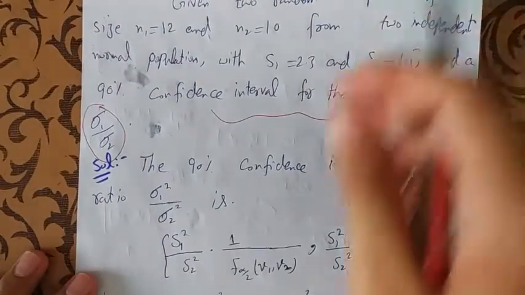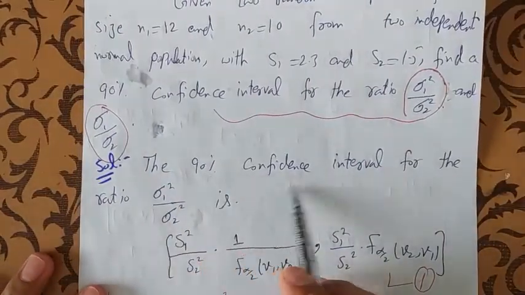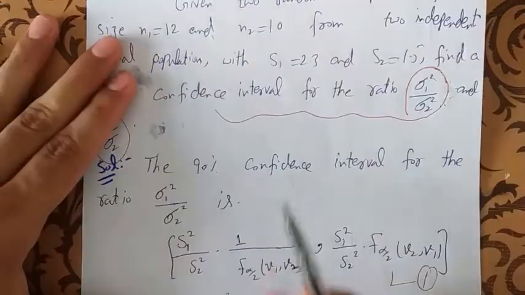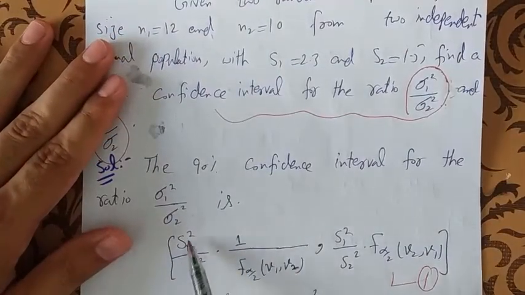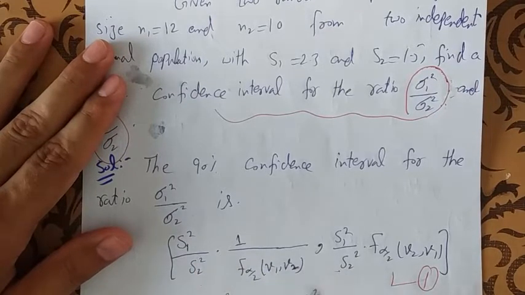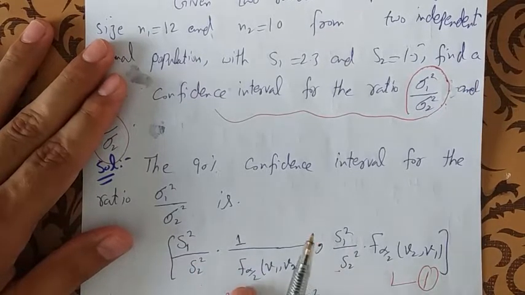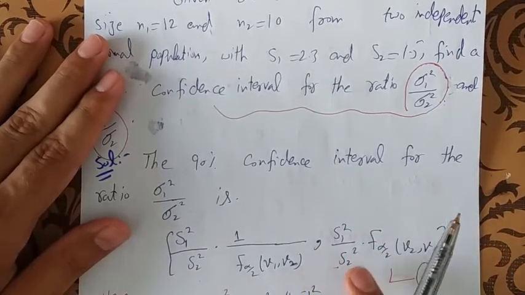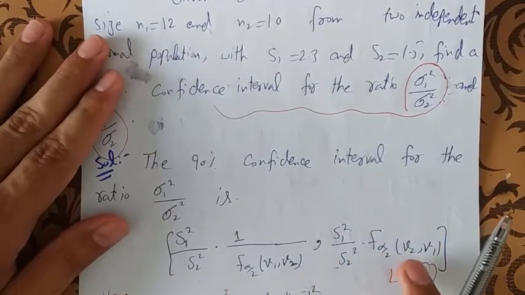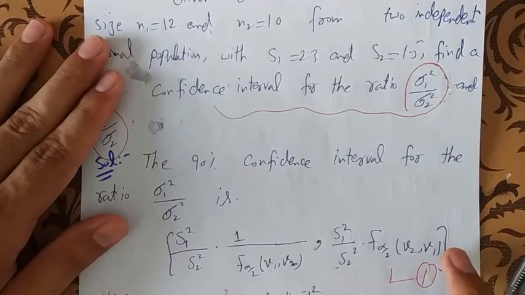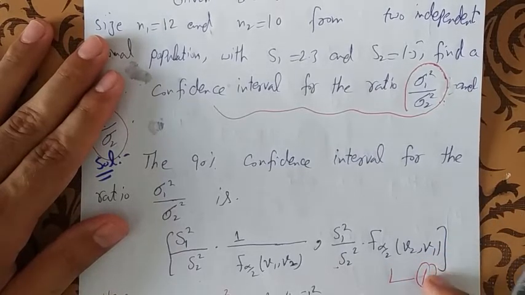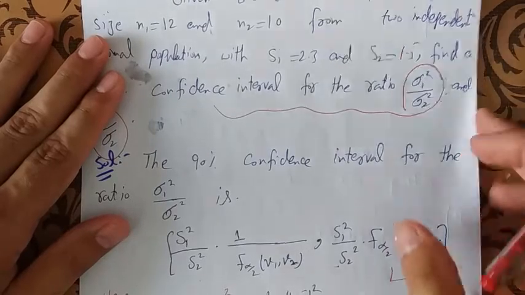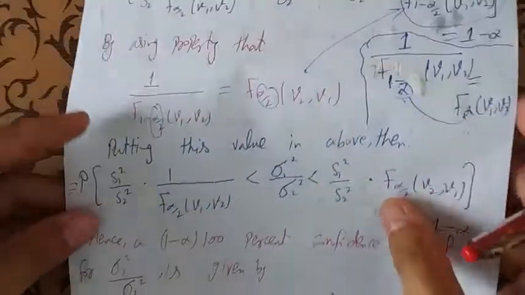Now the solution. The 90% confidence interval for the ratio sigma 1 square over sigma 2 square is s1 square over s2 square into 1 over f alpha by 2 with nu 1 comma nu 2, comma s1 square over s2 square into f alpha by 2 with nu 2 comma nu 1. We found this relation in the previous lecture.